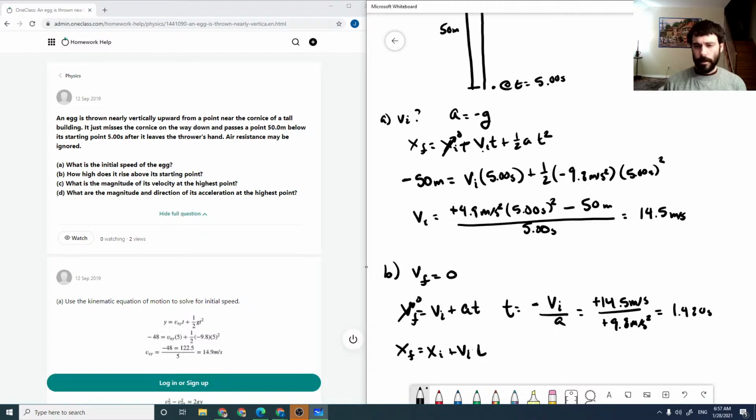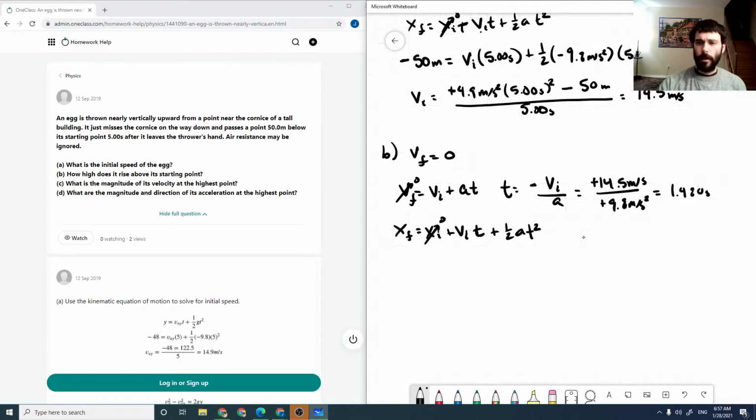vi t plus 1/2 a t squared. Again, our xi is 0. And we know everything in this equation here, so our vi is 14.5. The time we're using is 1.480 seconds.